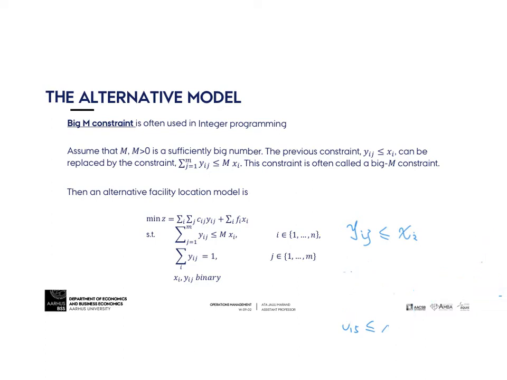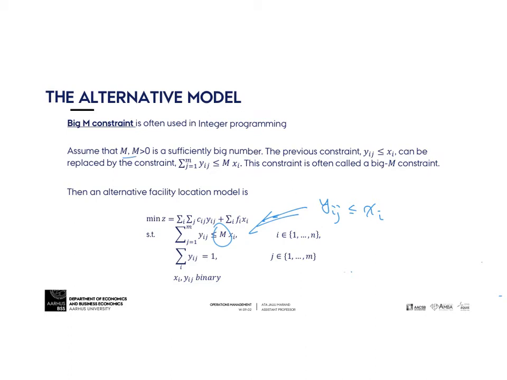The purpose is to explain that now we can transform y_ij less than or equal to x_i into a new constraint by using a big number M.